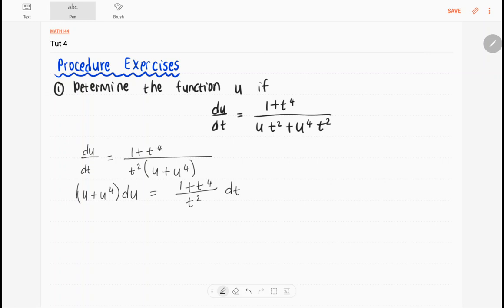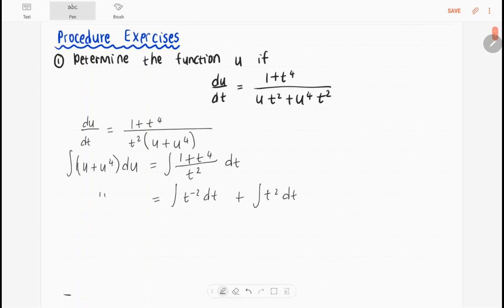My next step is going to be to integrate on both sides. On the right, I'm just going to split it up into two integrals so that I have the integral of t to the minus 2 dt plus the integral of t squared dt. Then I'm going to integrate on both sides.